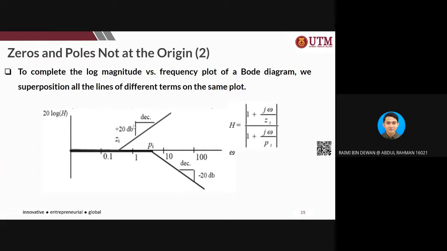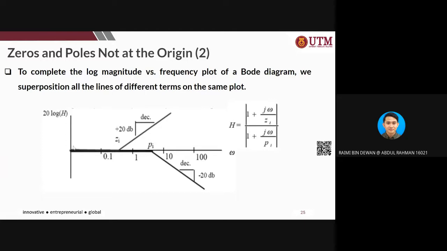To complete the log magnitude versus frequency plot of a Bode diagram, we superpose all the lines of the different terms on the same plot. If you notice here from the example, this one is a zero not at the origin. It is a zero because you can see here z, and it is the numerator part.